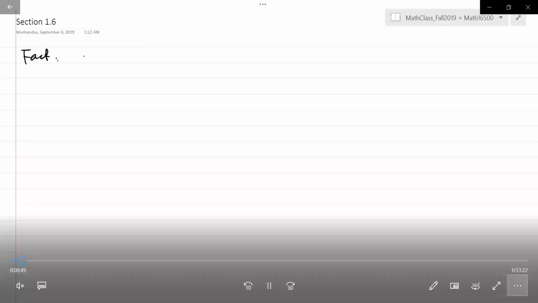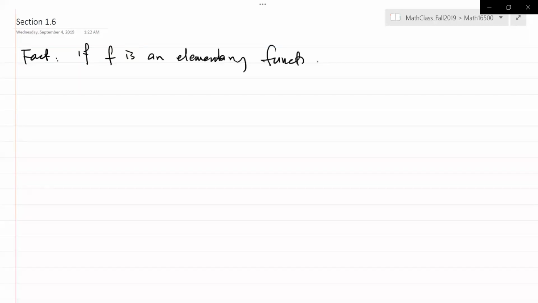Okay, today we're going to study how to find limits using the limit laws and other methods. First, let me mention a very important fact.